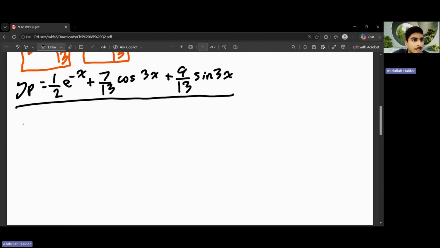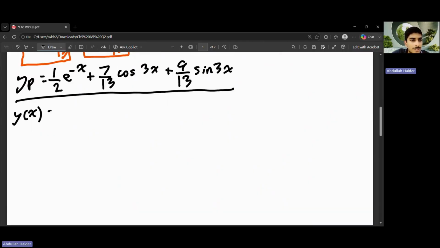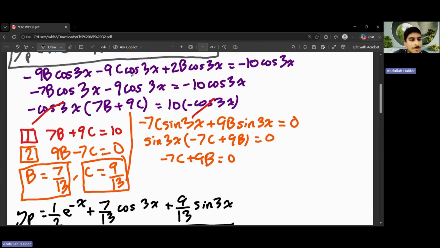Now, if you want to write your whole y of x, it is the homogeneous solution plus YP.